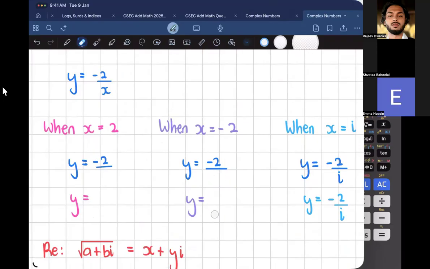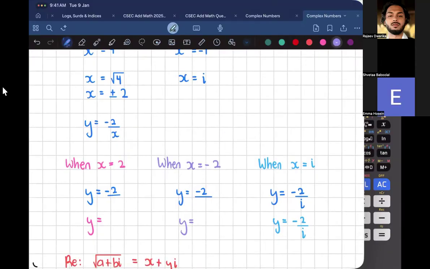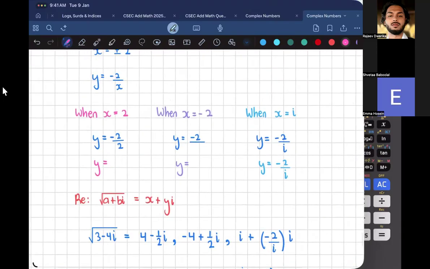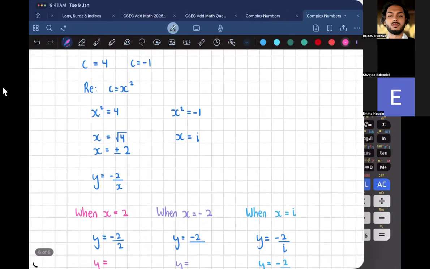So straight away, if I'm doing that, I get minus 2 over x. It's going to be minus 2 over 2. You got x equal to i when you made i the subject of the formula?